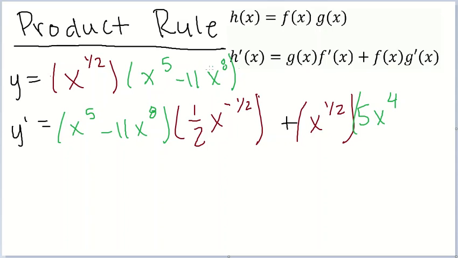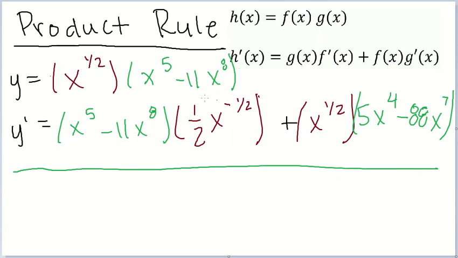And then the derivative of 11x to the 8th, that is going to be 11 times 8, which is 88, and then subtract 1 from the exponent. 8 minus 1 is 7. So the derivative of that second piece, that green piece, is 5x to the 4th minus 88x to the 7th. And so this entire thing right here, that whole thing, is y prime. That is the derivative of y.